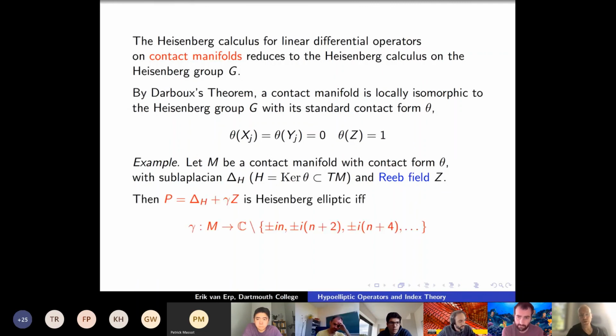So you can write this differential operator of order 2, and you get the exact same condition that you got on a group. The coefficient gamma has to avoid these forbidden values. And then it will be a Heisenberg elliptic operator. Okay, so this is a crash course in Heisenberg calculus. There's a lot more to say about it, obviously, but I wanted to stress the analogy with elliptic theory. I hope that came across.